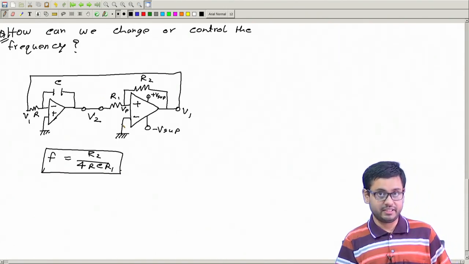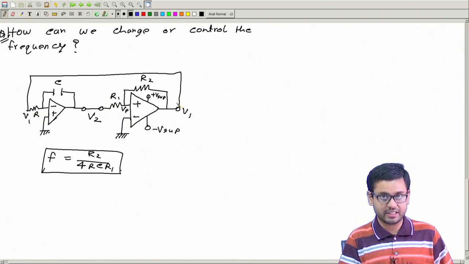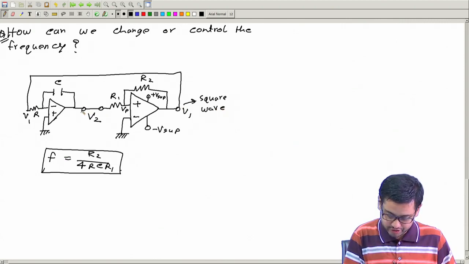So basically this is a function generator. It generates two functions, one square wave here and a triangular wave here.